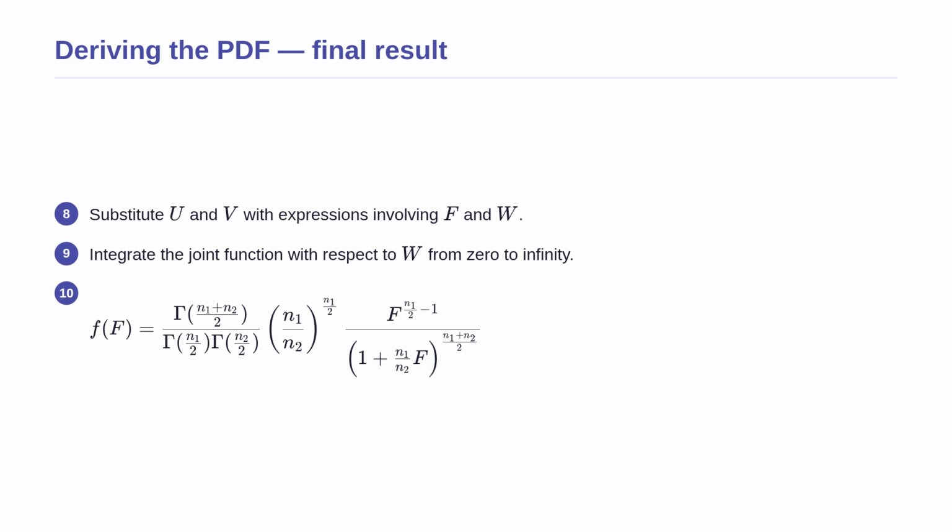This calculus step collapses our two-dimensional formula down into a one-dimensional formula for f alone. This final result is the probability density function of the F distribution. As f gets very large, the denominator grows much faster than the numerator, causing the probability to approach 0.